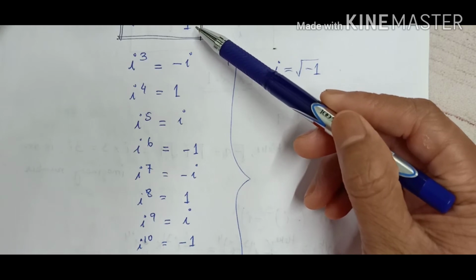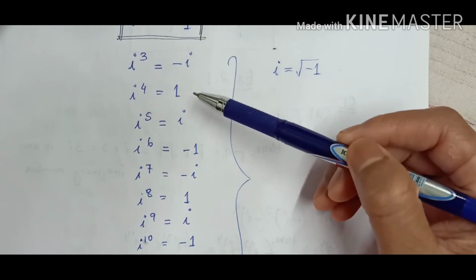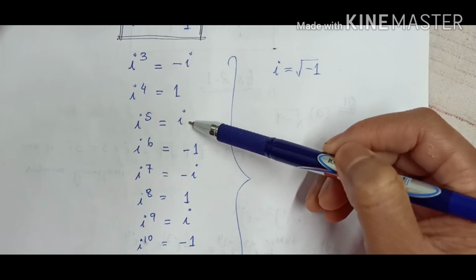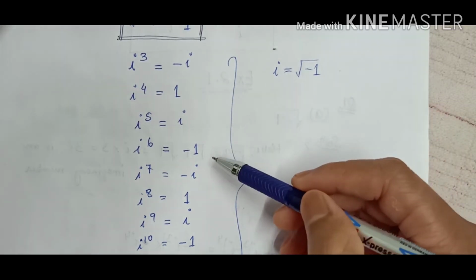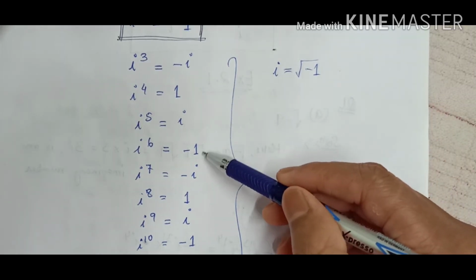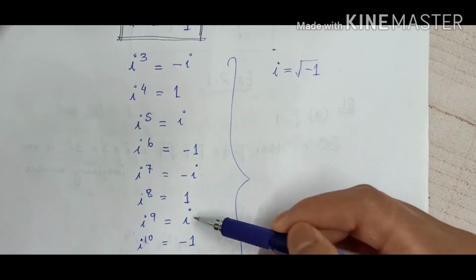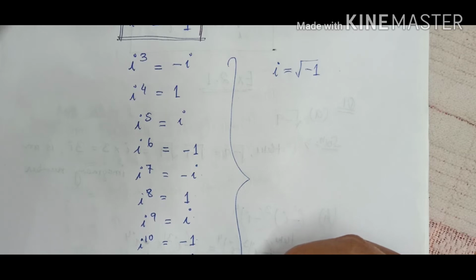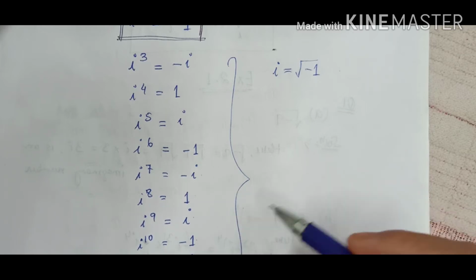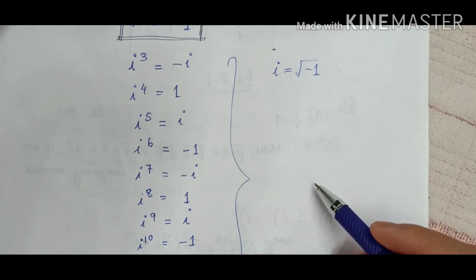Minus 1, minus i, 1, i, then minus 1, minus i, 1, i, minus 1, minus i. So alternatively they are changing their signs. Now how they are found out, I'll show you now.